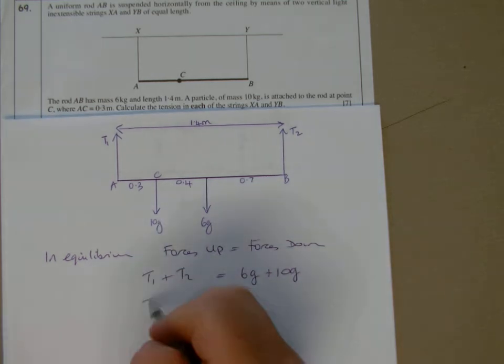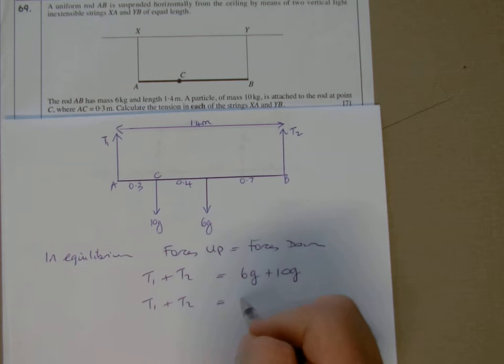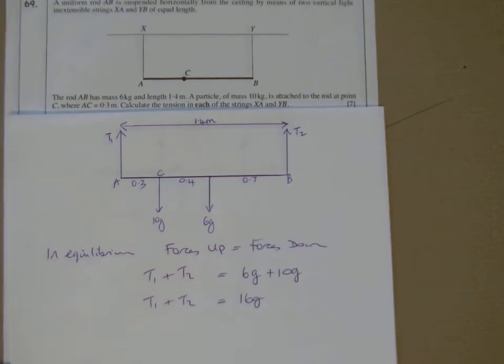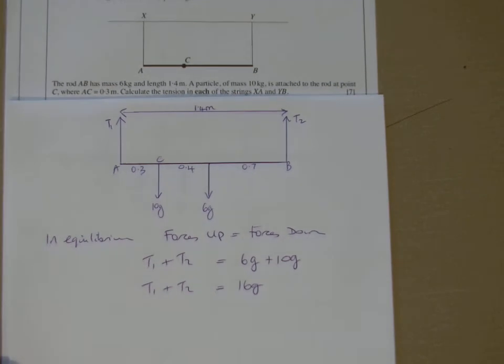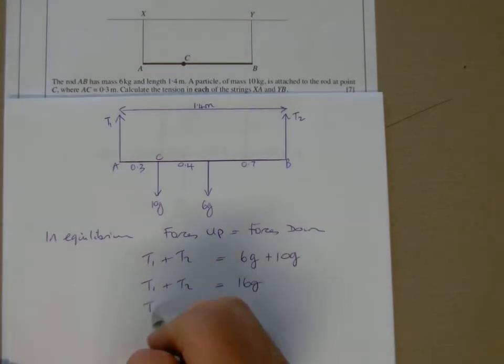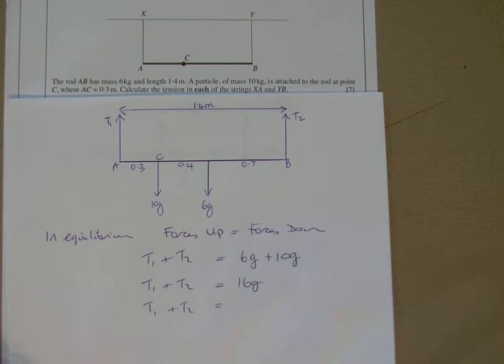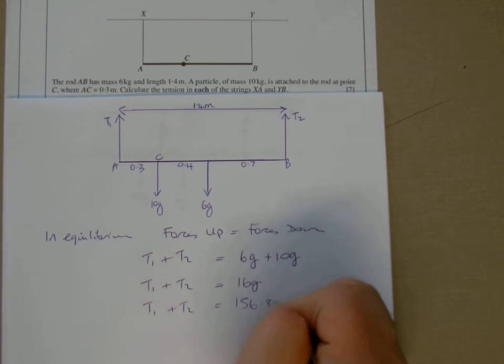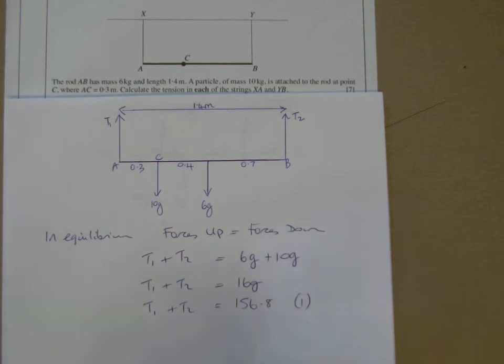So you get T1 plus T2 equals 16G. Okay, T1 plus T2, 16G, well, 16 times 9.8 will be 156.8 newtons, right? So that's my equation 1.